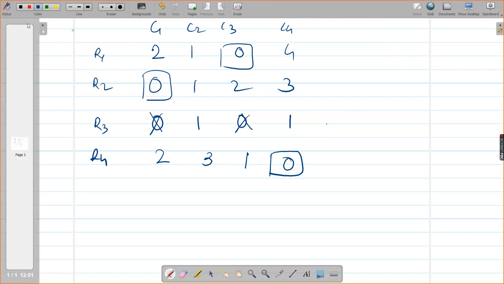At least one line means a zero may lie on two lines also at a time. And these lines I am going to draw only vertically or horizontally, not slanting lines. That means diagonal lines are not allowed. Is that okay, girls?